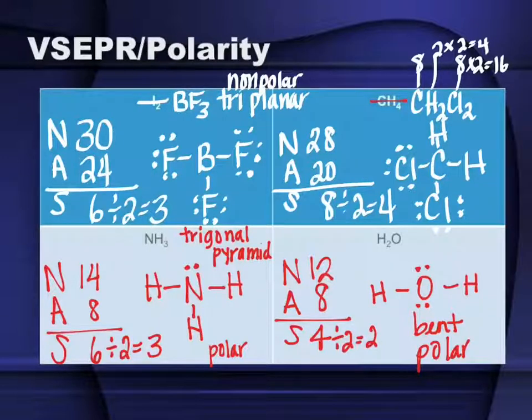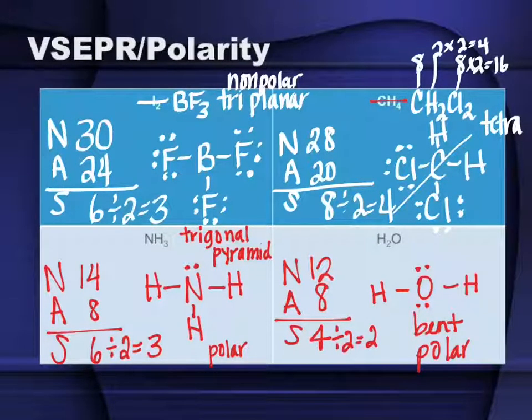So shape. There's 4 on there. Tetrahedral. And polarity. If I draw a line right there, it's symmetrical, right?